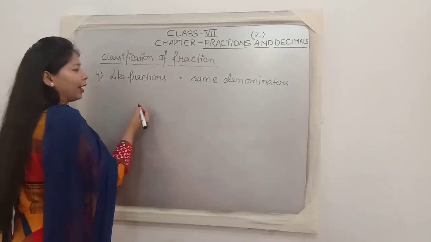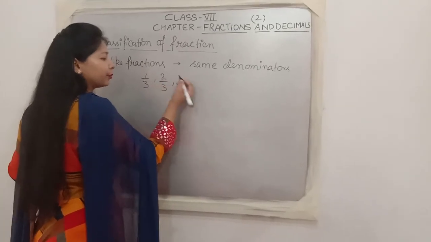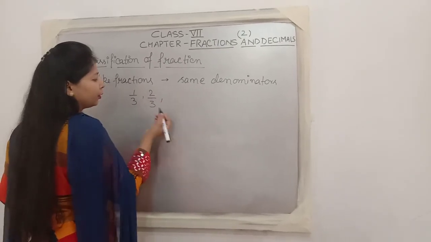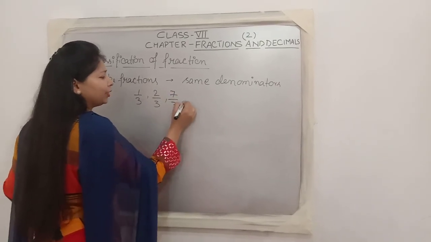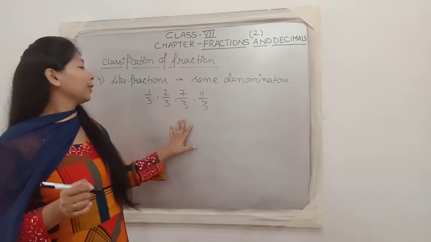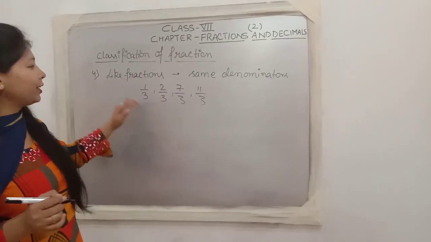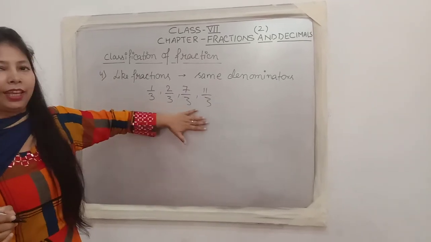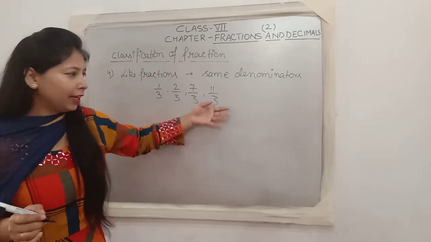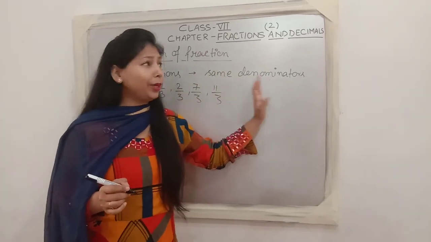For example, I write 1 by 3, 2 by 3, whatever you can write, 7 by 3, 11 by 3. Here the denominator is the same. When the denominators are the same and the numerators are different, they are called like fractions. These look like brothers, all of them come in the same category. Why? Because they have the same denominator.